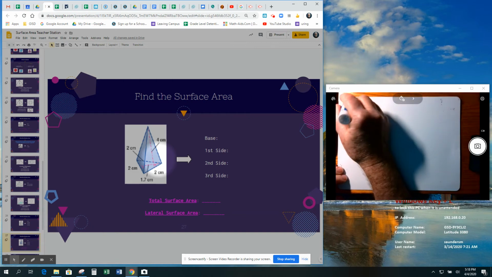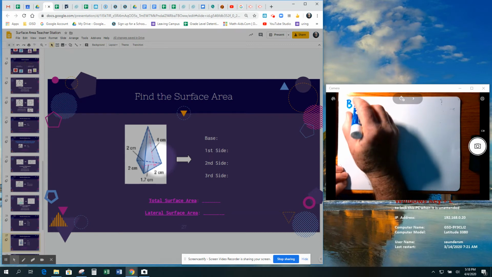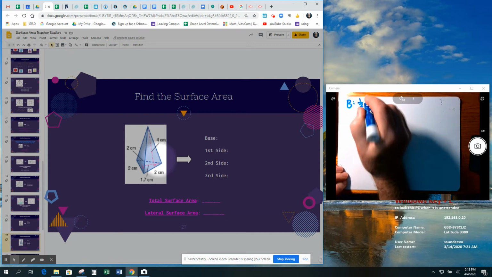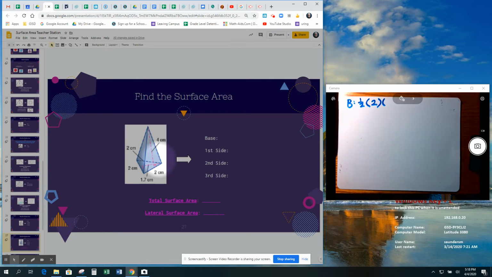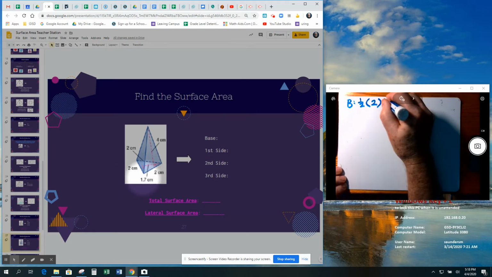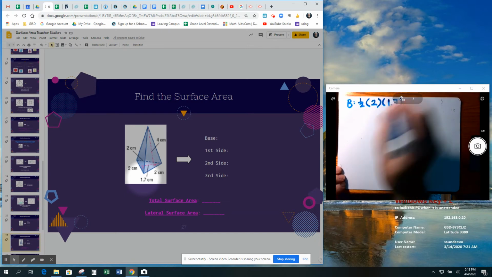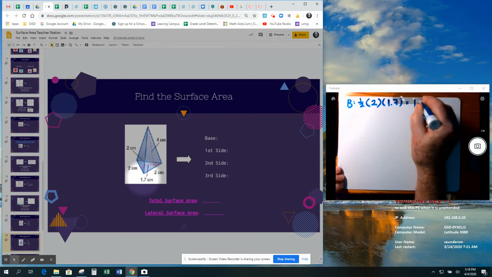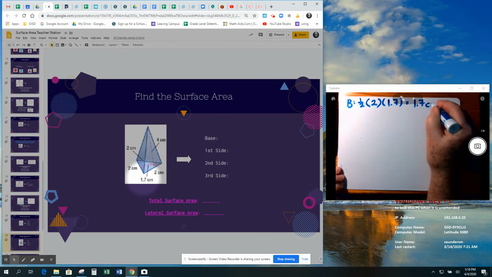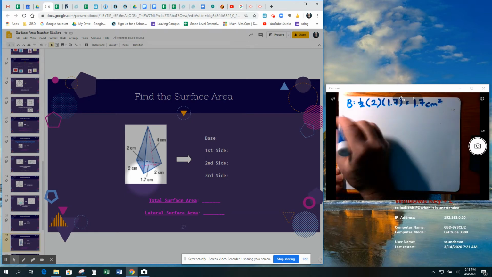Area of the base is 1/2 base times height, so it's 1/2 times the base, which is 2, and the perpendicular height of our base is 1.7 centimeters right there. So 1/2 times 2 is 1, times 1.7 is 1.7, and it's centimeters squared. Remember, area is always going to be in square units.